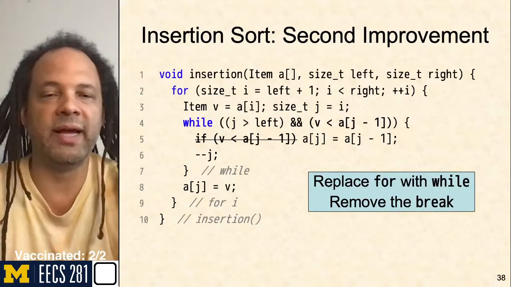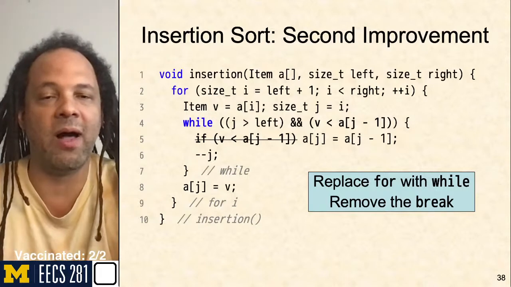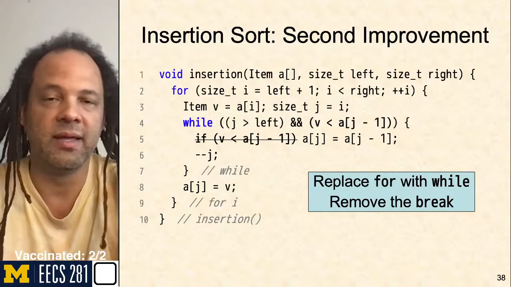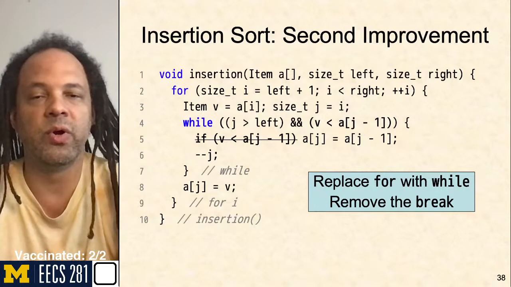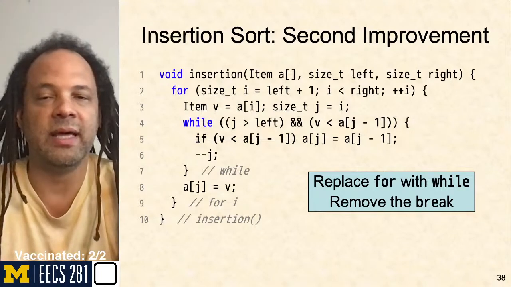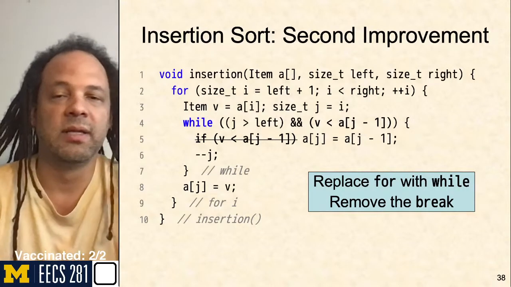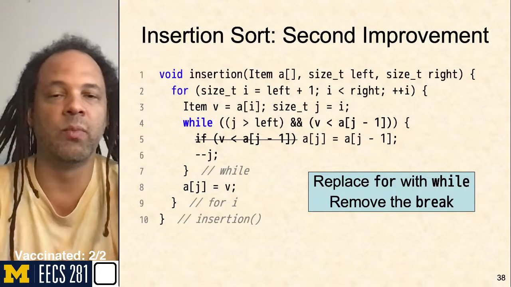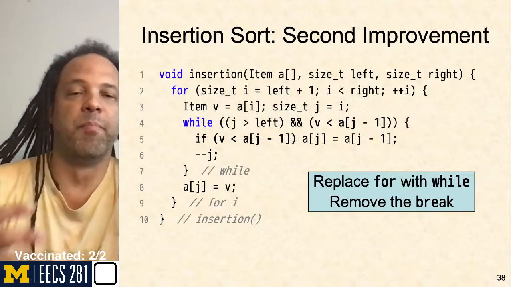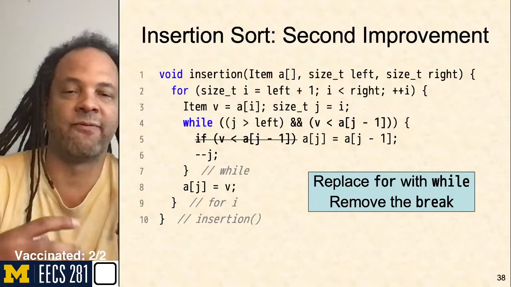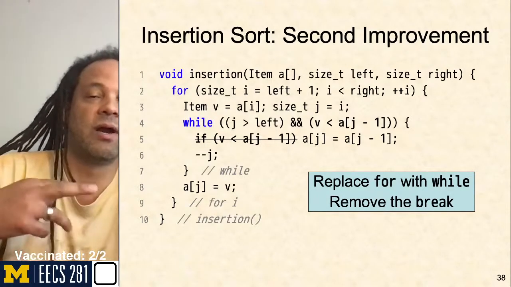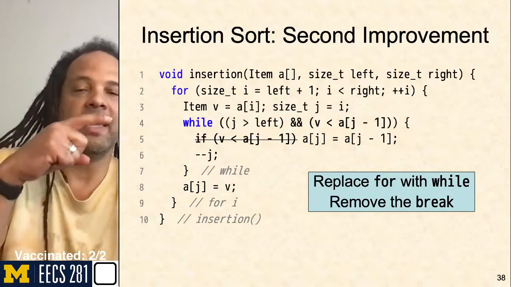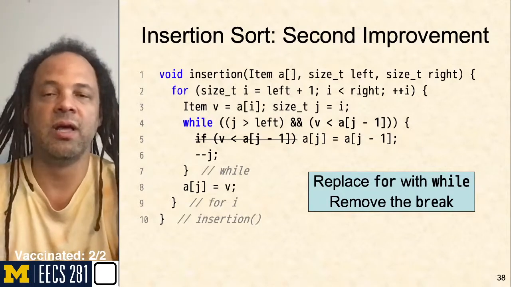So we've replaced the for loop with a while, and we've removed the break. Inside there, we were using a break statement. If v was less than a at j minus 1, we were going to do some work. But now we've taken that check from inside the for loop to being in the condition of the while loop.